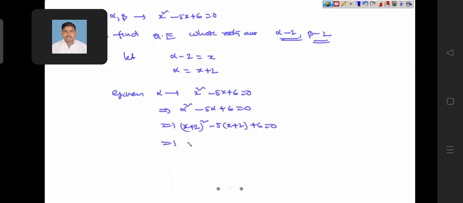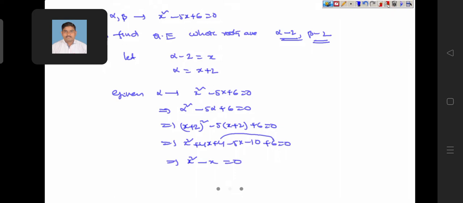When you simplify, x square plus 4x plus 4 minus 5x minus 10 plus 6 is equal to 0. After simplifying, x square, now x terms: plus 4x minus 5x is minus x, plus 4 plus 6 is 10, 10 minus 10 is 0. Okay, so the transformed equation is x square minus x is equal to 0 with respect to the given quadratic equation.